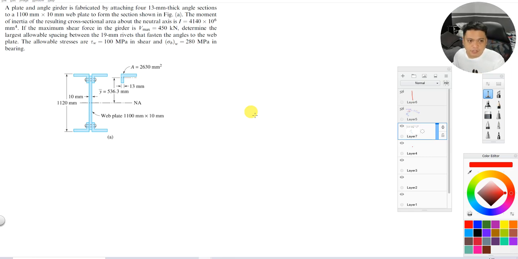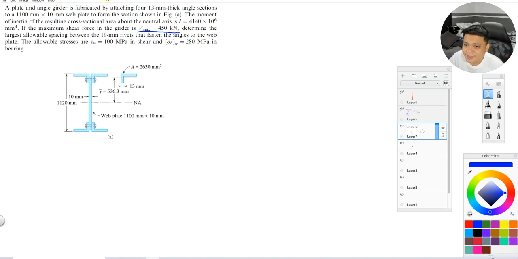If the maximum shear force in the girder is, okay, so ito na yung V natin. So you have there already the V. Determine the largest allowable spacing between the 19mm rivets that fasten the angles to the web plate. The allowable stresses are 100 megapascal in shear and 280 megapascal in bearing.